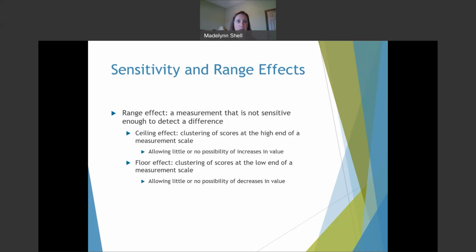So we had a ceiling effect. We couldn't see any differences between note-taking methods because everyone did really well. So it doesn't allow a possibility for people to do better. Likewise, a floor effect is the same thing, but at the low end of the scale. If everyone scores really, really low, people aren't going to get any worse and you're not going to see any differences between groups.